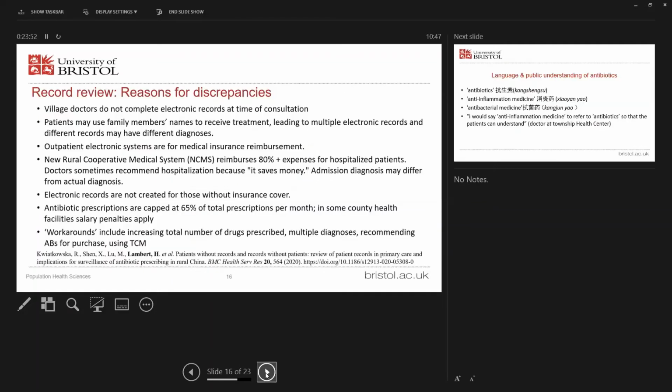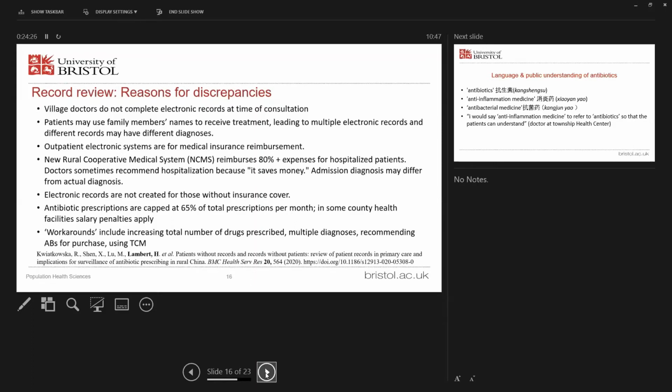I won't go through the rest of the reasons for these differences in detail, but this slide is just to illustrate how valuable it then was to have conducted direct observations and to have done interviews with both doctors and patients and seen the way in which these records were used, because we were able to discern, for example, the third bullet point down, that the purpose of these electronic systems is really for medical insurance reimbursement rather than for patient care.